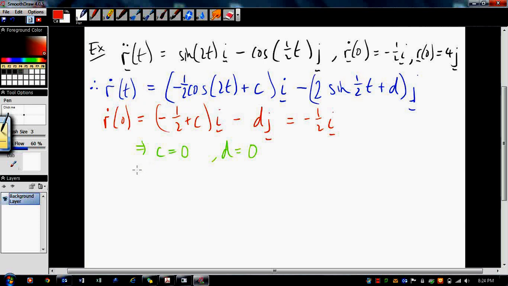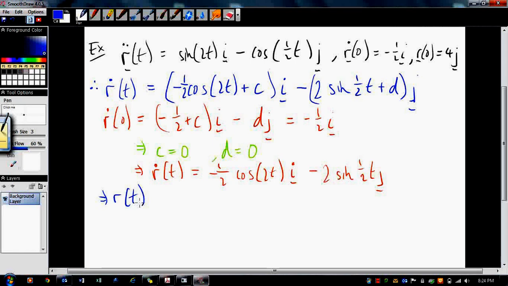And so what we get, r dot of t, is equal to negative half cos 2t i minus 2 sin half t j.